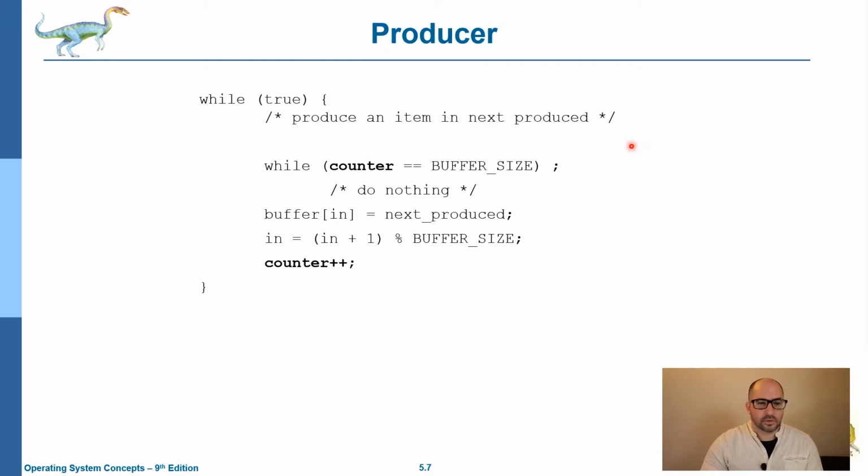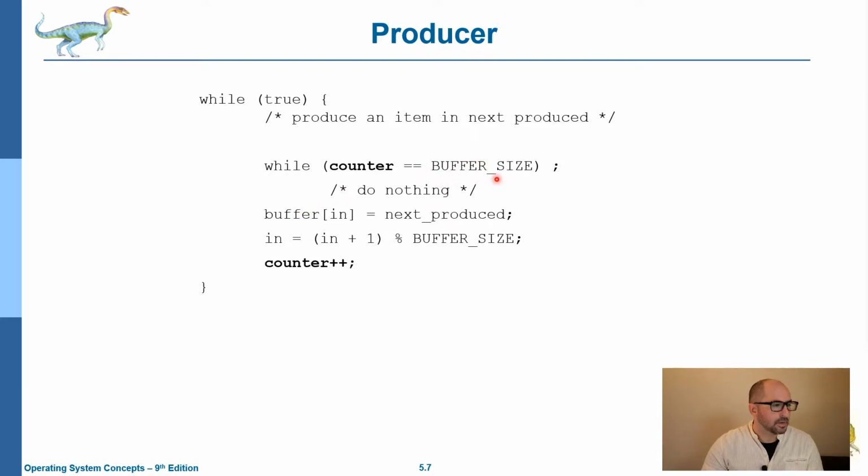So with the source code from the producer, this is familiar. What's important is we have this counter variable that we discussed before. For the producer, if the counter is the size of the buffer, there's no room to place anything into the buffer, so it just sits there waiting until that counter is reduced to less than the buffer size.